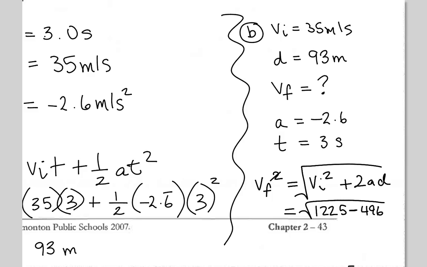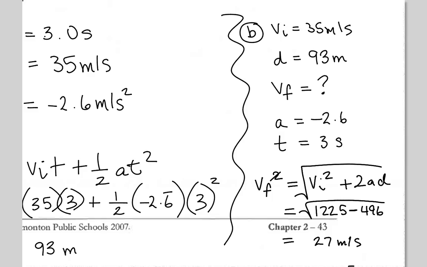I don't know if you guys got that. 1225 minus 496. Square root that bad boy. 27. Now, when I was doing this last year in my book, I actually did it a different way. I used another formula.